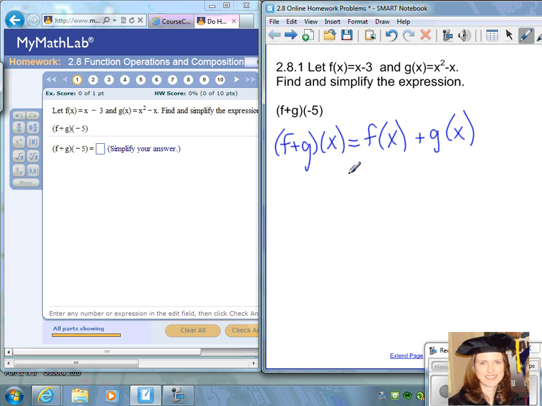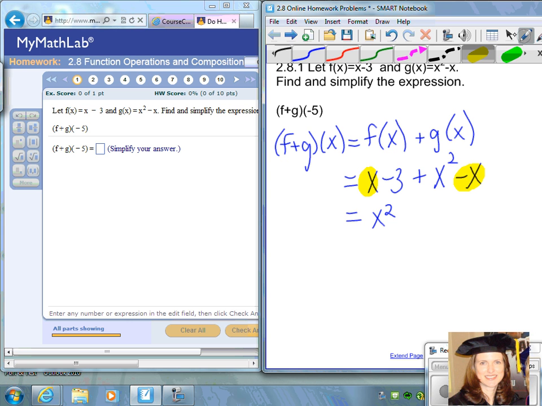So if we do that, it's going to look like f of x, which is x minus 3, plus g of x, which is x squared minus x. Now you can simplify this by combining like terms. This is x squared, this positive x here and this minus x here are opposites. They're going to cancel out. So when we simplify, we get x squared minus 3.